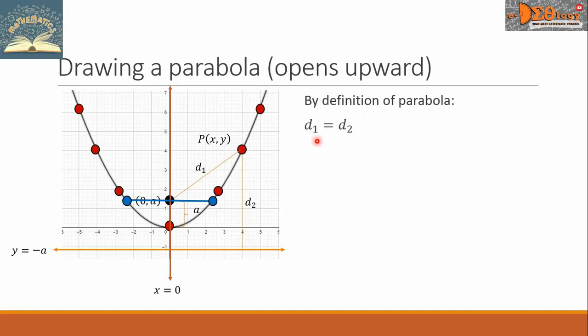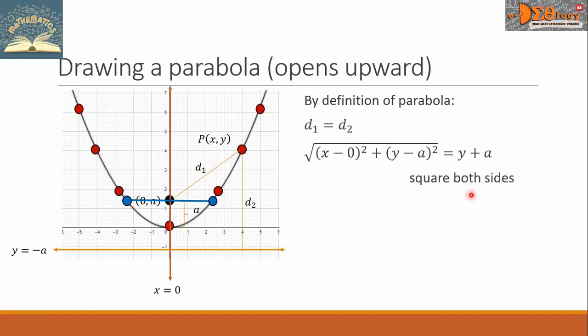Take note, d sub 1 is the distance between 2 points, so we use the formula for distance between 2 points. So we have d sub 1 equals the square root of (x minus 0) quantity squared plus (y minus a) also squared, equals d sub 2, which is y plus a.